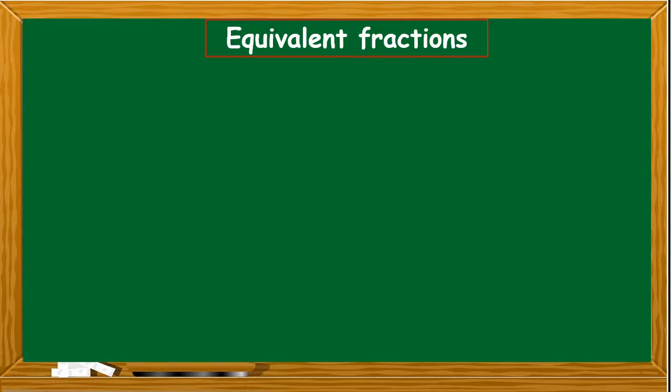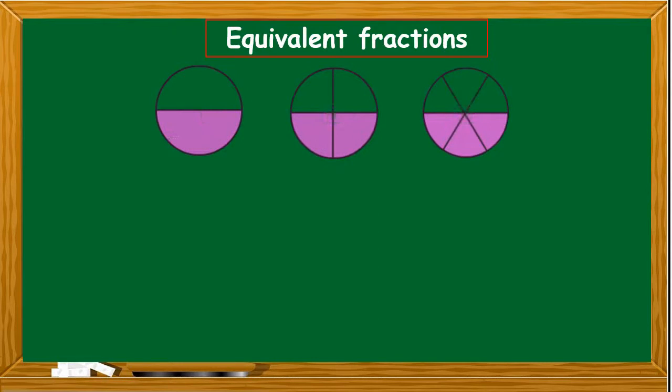Now, let us learn equivalent fractions. Look at these circles. All the 3 circles are of the same size, and each of the circles has been divided into a different number of parts.